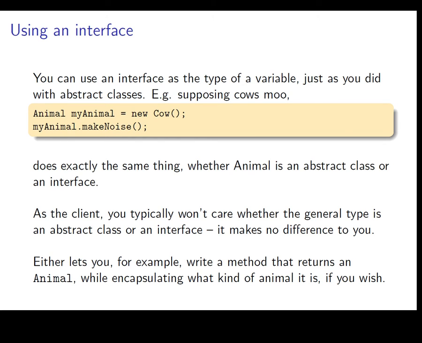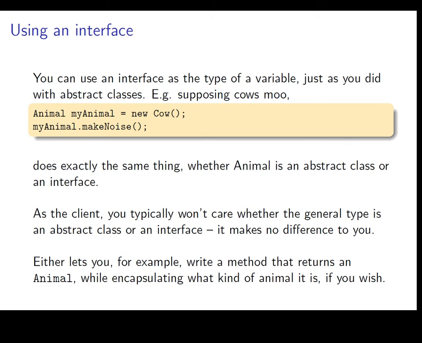From the point of view of clients, there's really very little difference between an interface and an abstract class. You can do exactly the same things that we already did in the inheritance lecture with abstract classes. Supposing that we know that the class Cow provides an implementation of the makeNoise method, so suppose cows moo, we can create a new Cow and we can assign it to a variable which is declared to have type Animal.